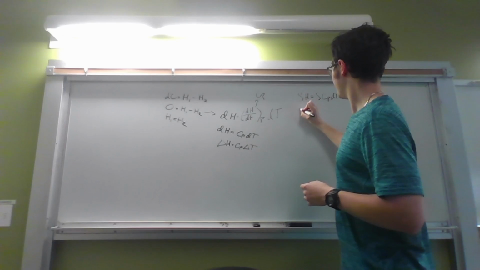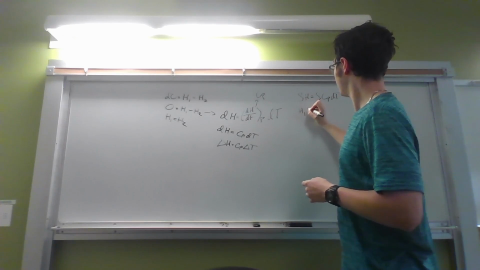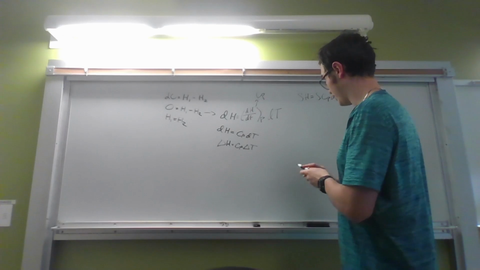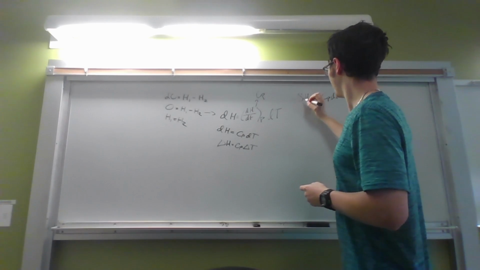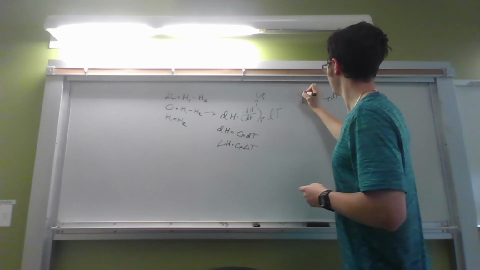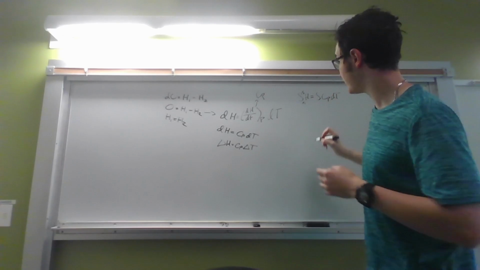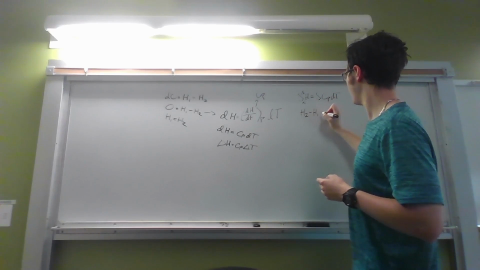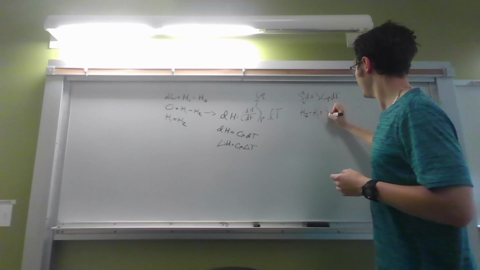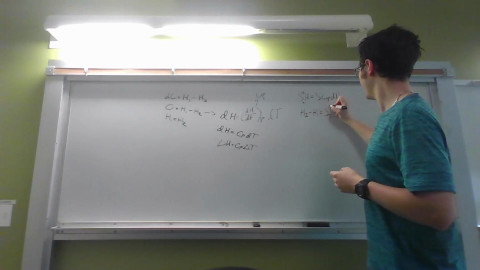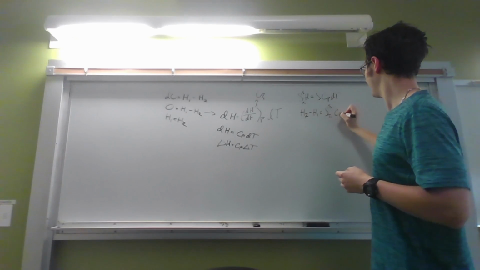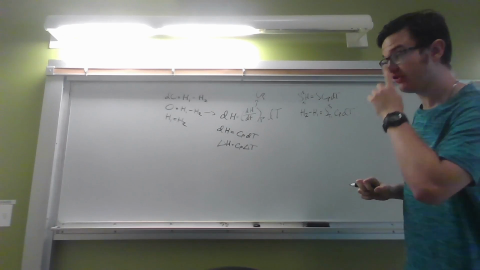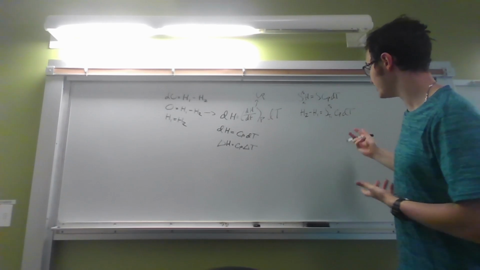So this means that, starting at enthalpy at state 1 and going to enthalpy at state 2, enthalpy at state 2 minus enthalpy at state 1 is equal to the integral from temperature 1 to temperature 2 of the heat capacity multiplied by dT.